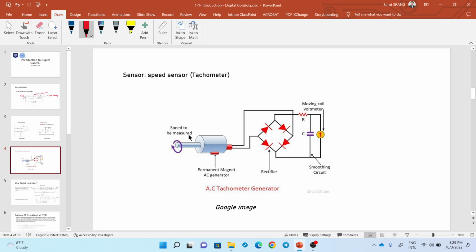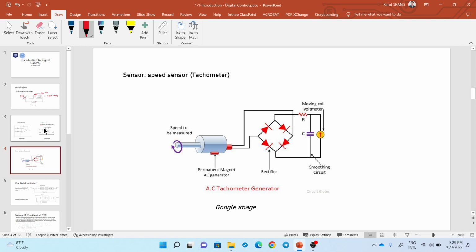So when this one is rotated, it generates a signal, but it's in the form of a wave, a sine wave, and then you can do some rectification in order to get the constant, the DC signal.